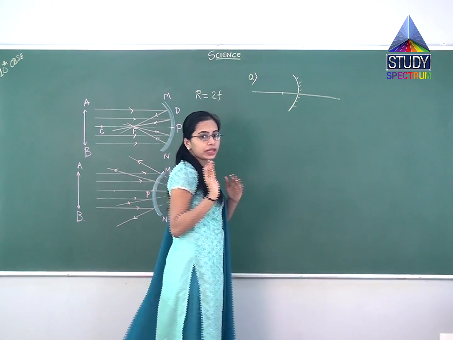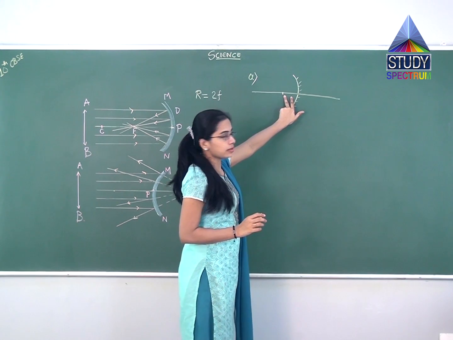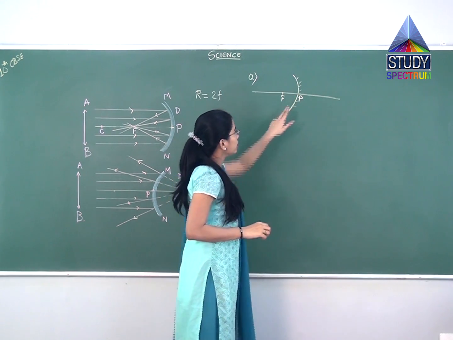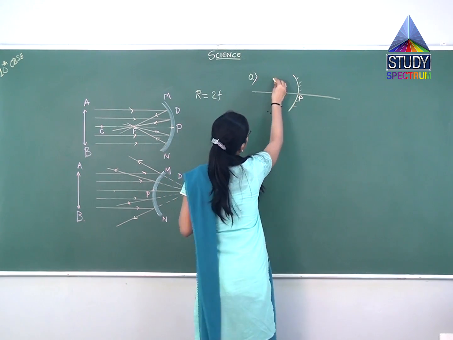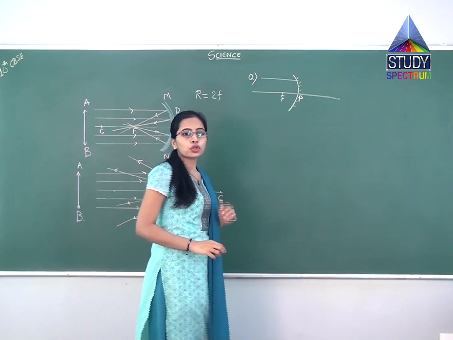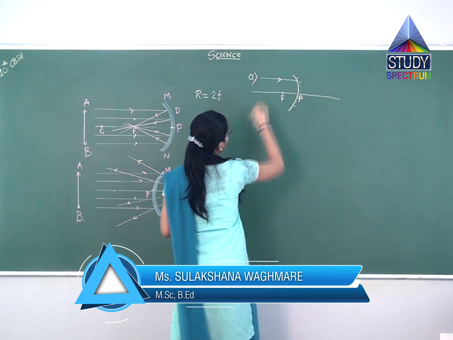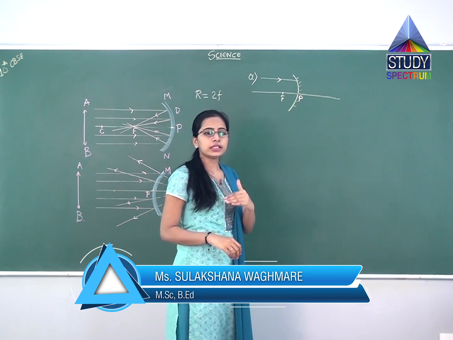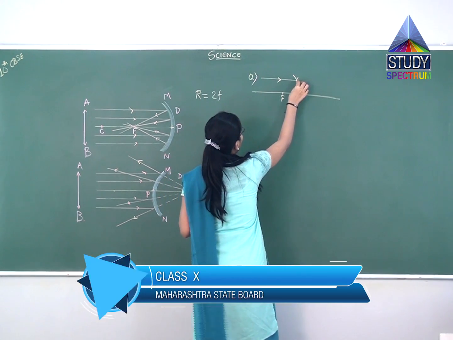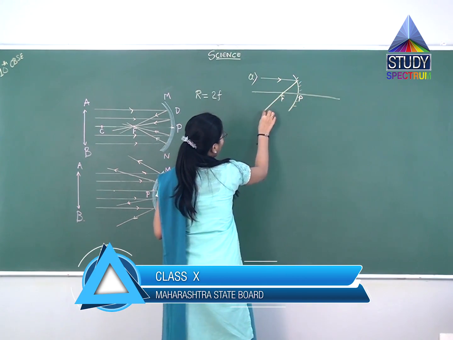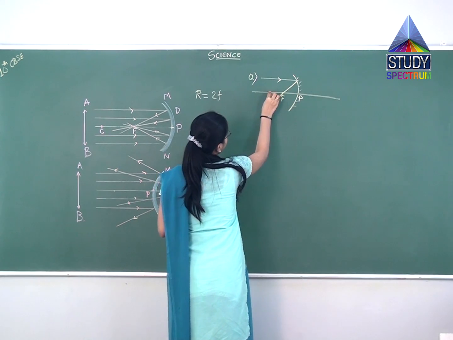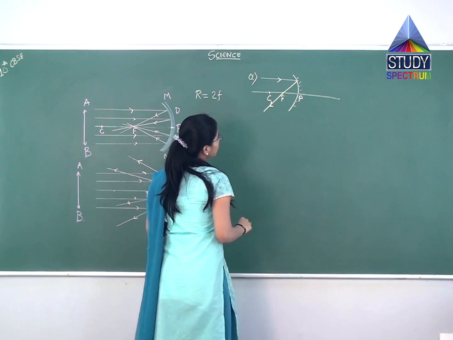Remember one thing: the distance between the focus and the pole must be equal to the distance between the principal axis and the incident ray. So this is the incident ray which is parallel to the principal axis. Now this will reflect, and you will see it will pass through the focus of the mirror, and here will definitely be your center of curvature C.